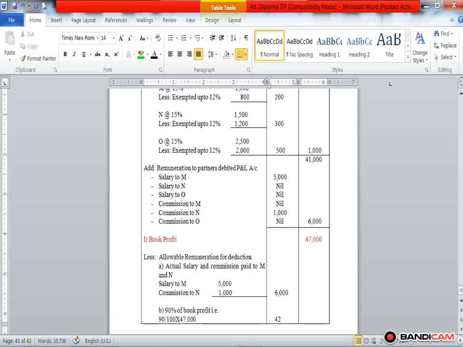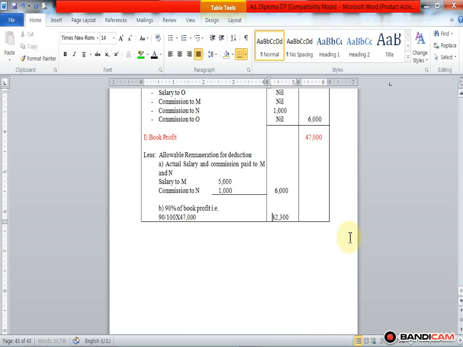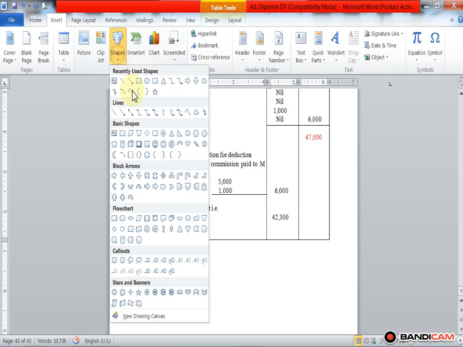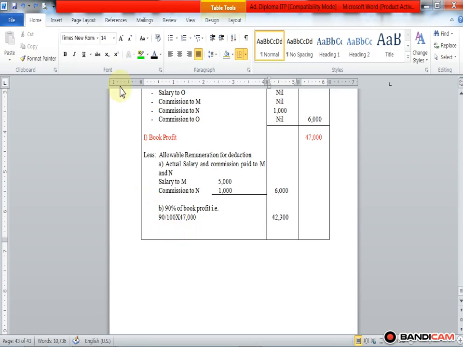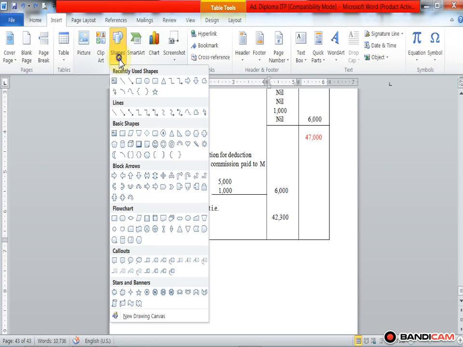So 42,300. Okay, so we compare this value, and whichever is lower is allowed for deduction. So here whichever is lower is allowed for deduction.